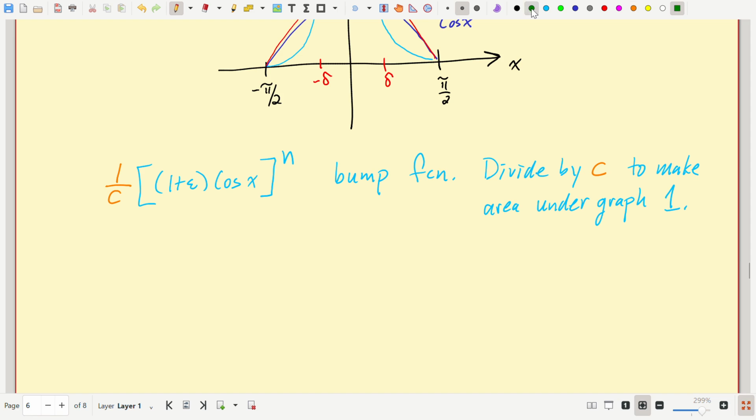And the brilliant idea for doing this: let's suppose f hat of n is equal to 0 for all n.